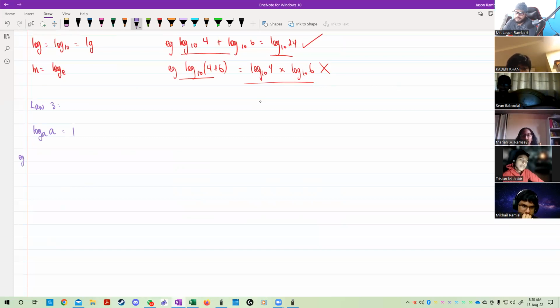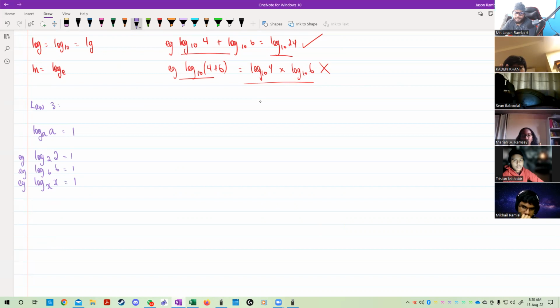For example, log of 2 to base 2 is 1. Log of 6 to base 6 is 1. Log of x to base x is also 1.